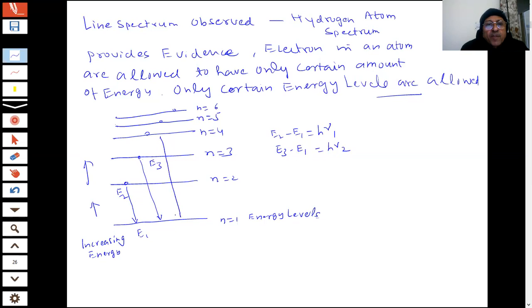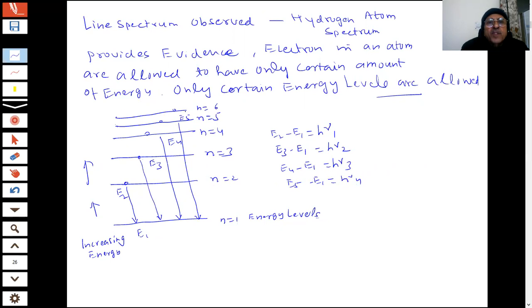And if it falls from 4, this is E4, energy E4, E4 minus E1 will be again different, students. And if it falls from the fifth to the ground state, then this is my E5. E5 minus E1, student, will be h nu 4.